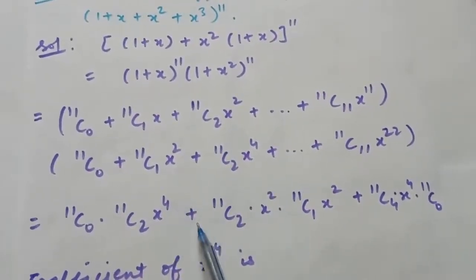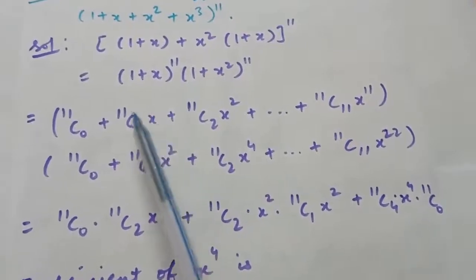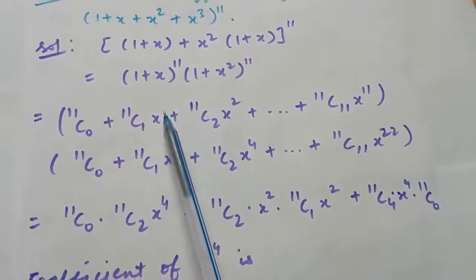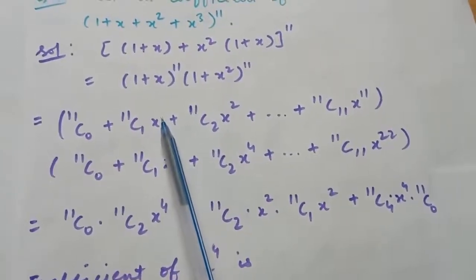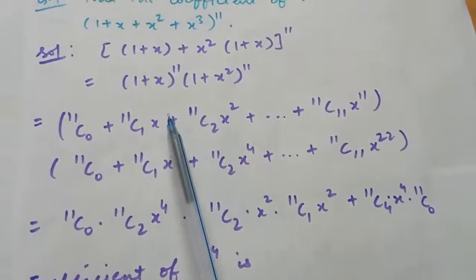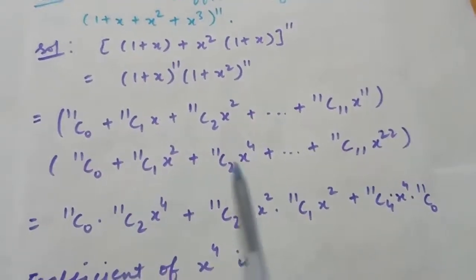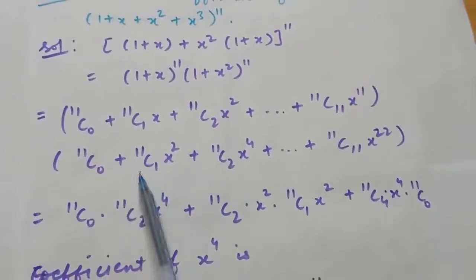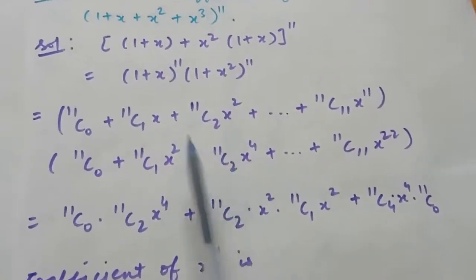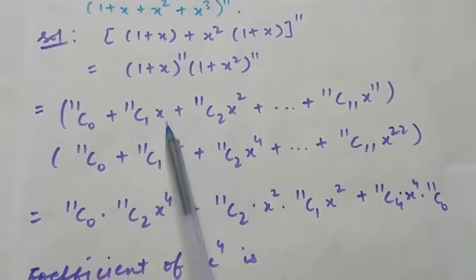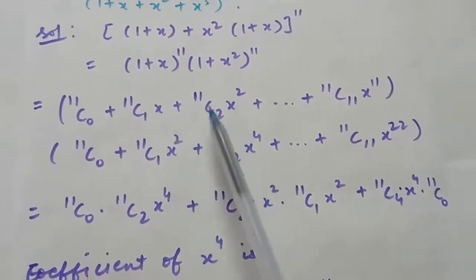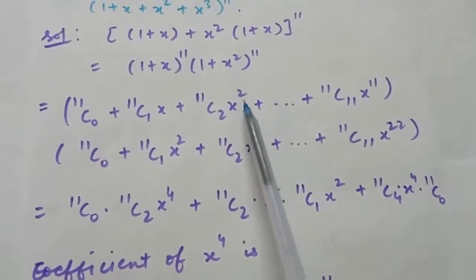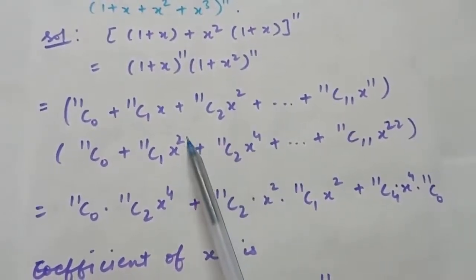Now plus, now see here the power of x is 1. So we have to multiply this with the term containing x raised to the power 3. But in this expansion there is no term which contains x raised to the power 3. So this cannot be multiplied with any term. So leave this. Now 11c2 x square. So we have to multiply it with the term containing x raised to the power 2.